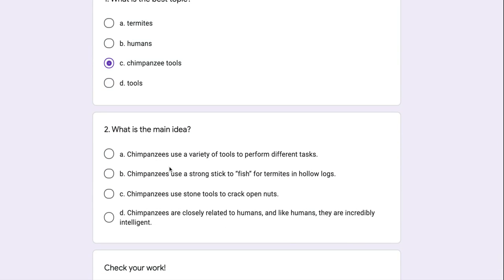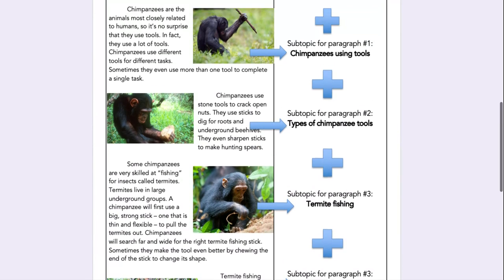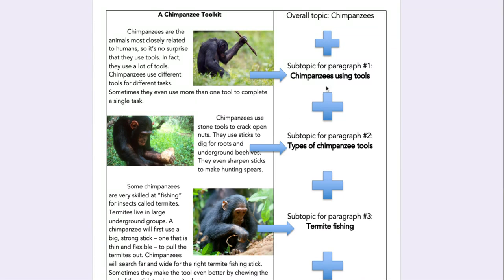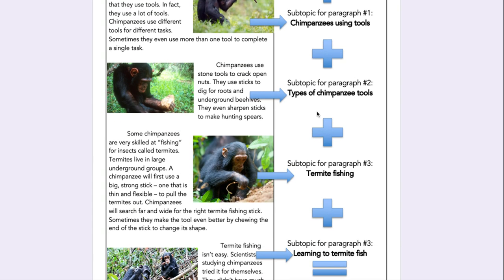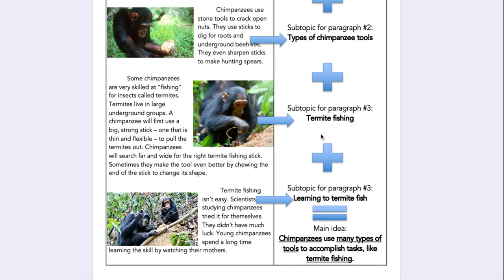Let's look at option choice A. Chimpanzees use a variety of tools to perform different tasks. All right, let's check it. First, this one's talking about chimpanzees using tools, so we could say paragraph 1 supports that option choice. And paragraph 2 talks about the types of chimpanzee tools, so we could say that paragraph 2 supports that answer choice.